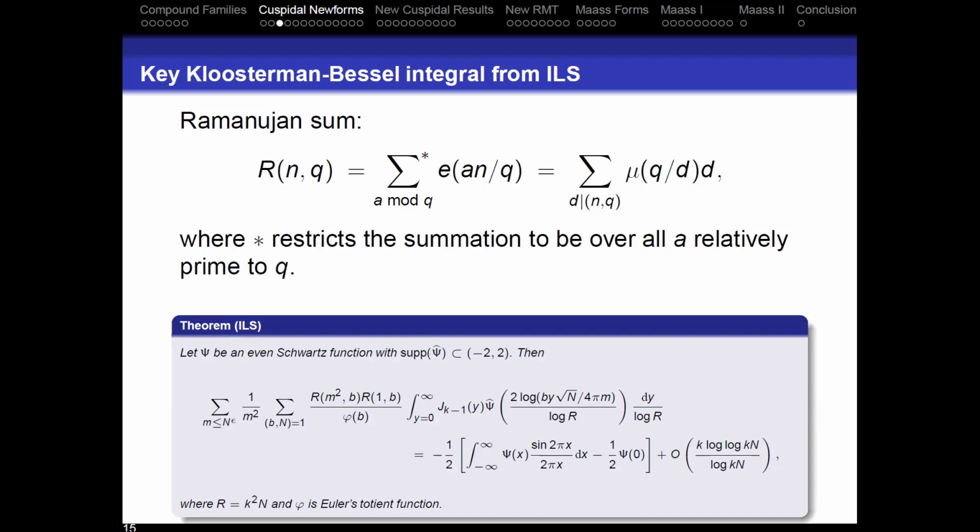Try to do the simple case, get a sense of what's going on, and then see how far you can push it. How hard is it to go from n is prime to n is square free? We actually see it's really not a huge deal. It's a little bit more bookkeeping, but it's not a big deal. To go from n square free to general n, that's a tremendous amount of work.